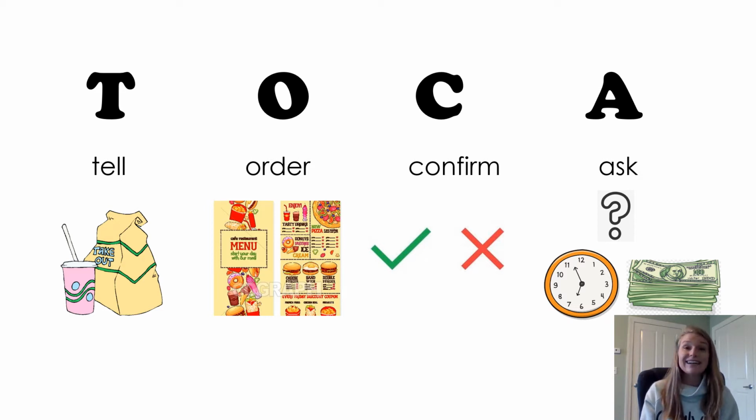The C is going to help us remember the word confirm. And the A is going to help us remember the word ask. So let's say that quickly together. T, tell. O, order. C, confirm. A, ask.